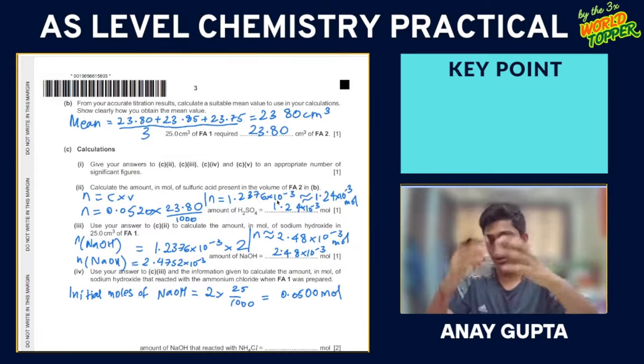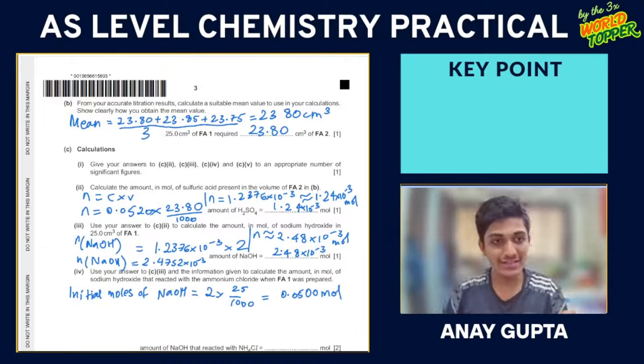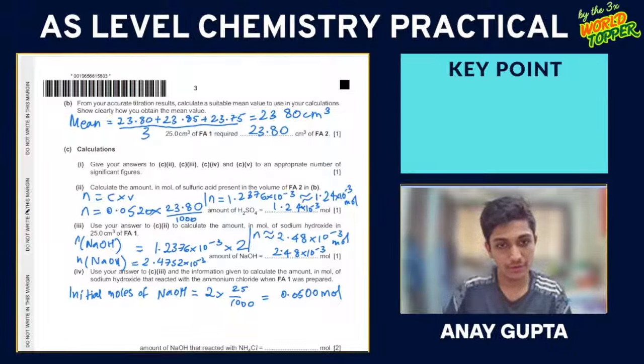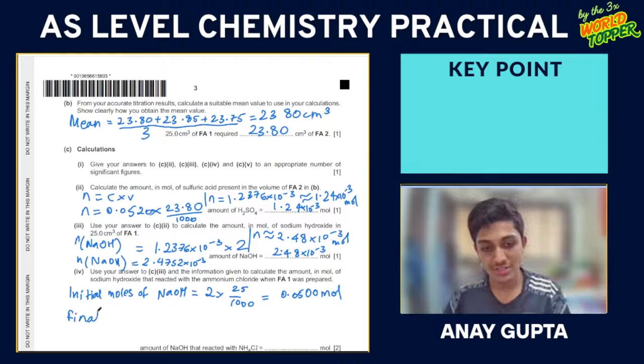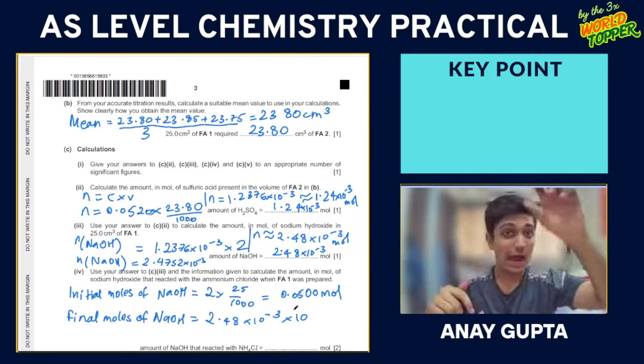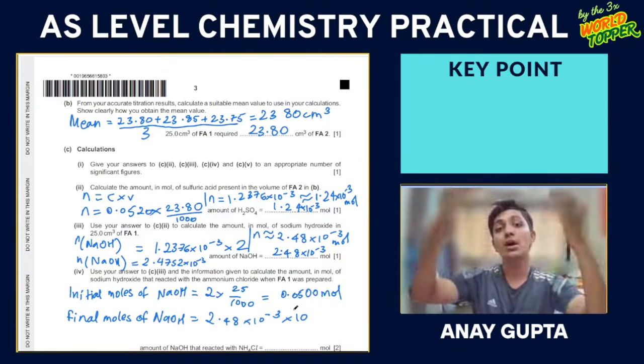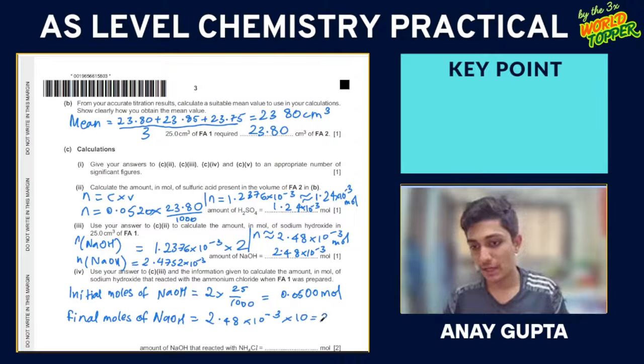So I will say that final moles of NaOH in Fa1 would be 2.48 into 10 raised to minus 3 into 10, right? 250 upon 25, because out of 250 centimeter cube, we only took 25 centimeter cube. If we have taken the full 250 centimeter cube, it will be 10 times larger. So that becomes 2.48 into 10 raised to minus 2.